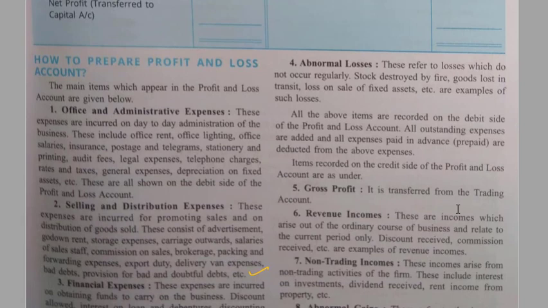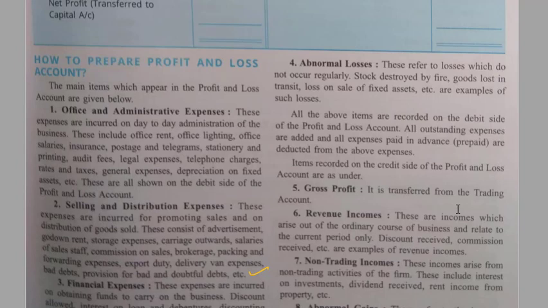Then there are abnormal losses that we also include. These refer to losses which do not occur regularly: stock destroyed by fire, goods lost in transit, loss on sale of the fixed asset, etc. are the examples of such losses. All the above items are recorded on the debit side of the profit and loss account. All outstanding expenses are added, and all expenses paid in advance are deducted from the above expenses.